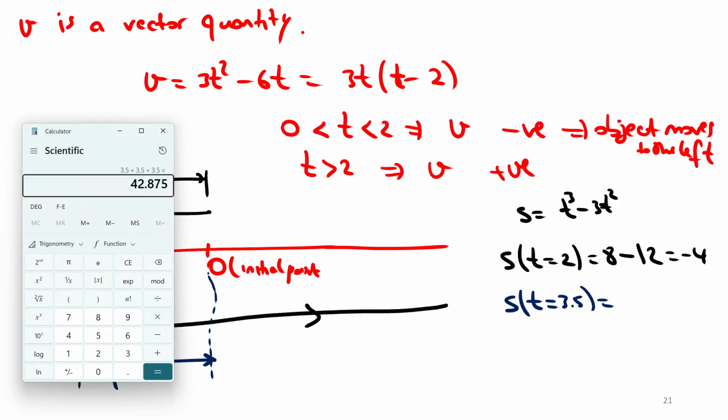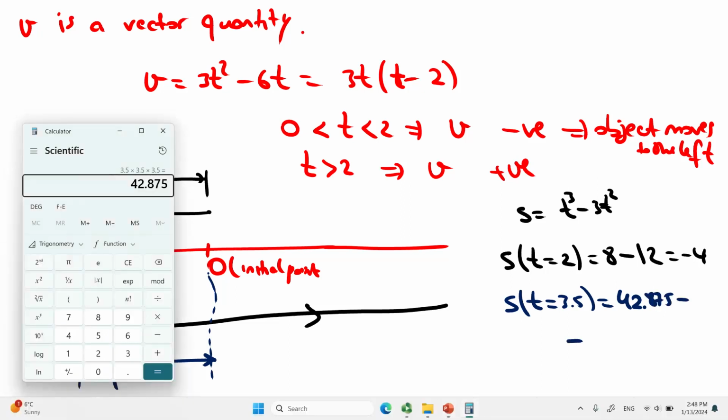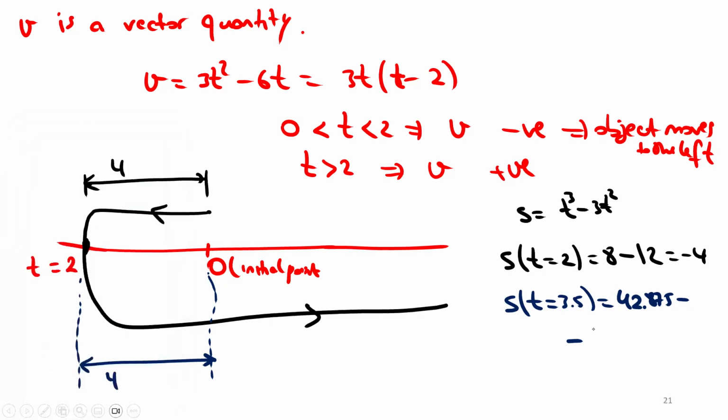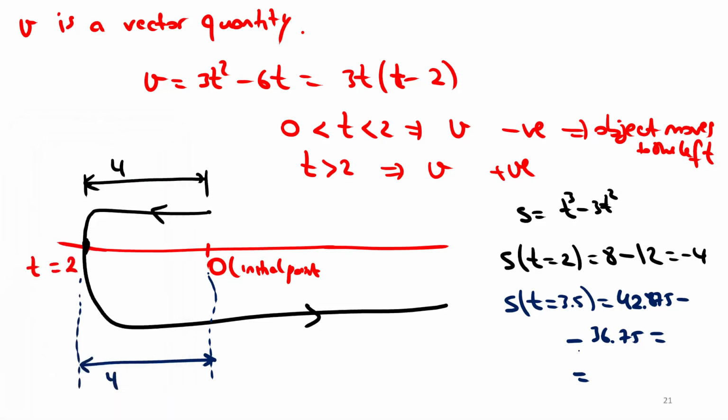It will be 42.875 minus 3 times 12.25, and that will be equal to 6.125.